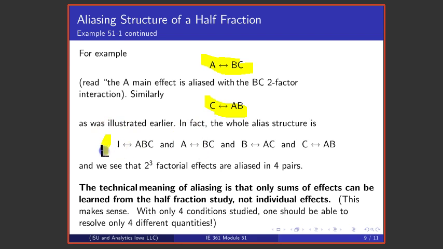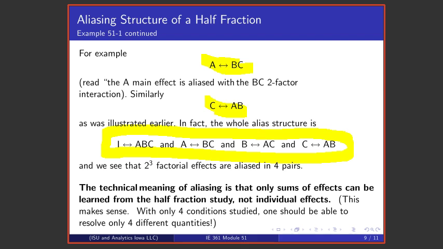So for this hypothetical half fraction of a 2 cubed, there is the whole alias structure, and what we end up understanding is that factorial effects are aliased in 4 pairs.